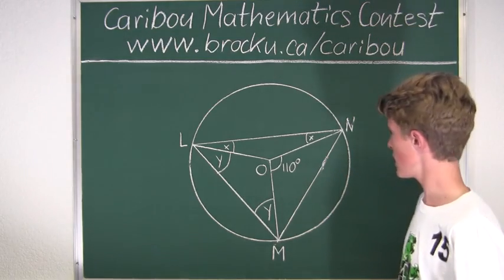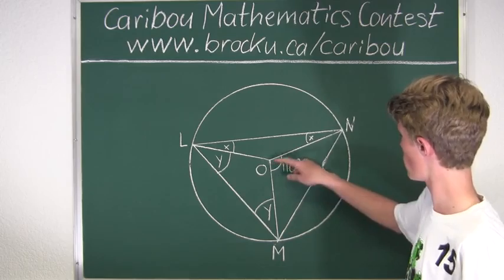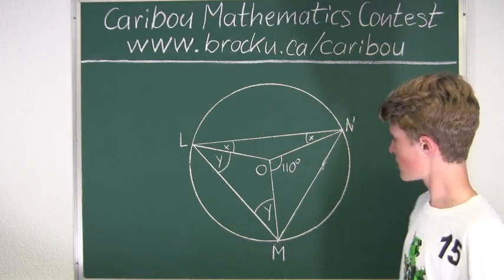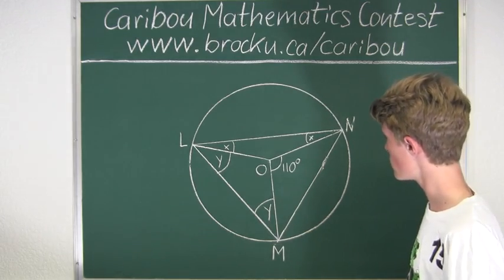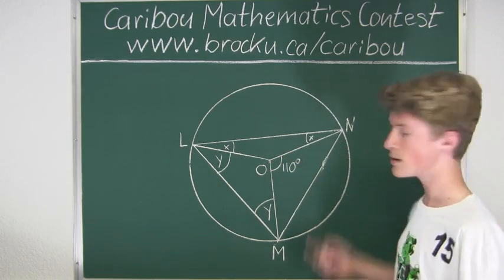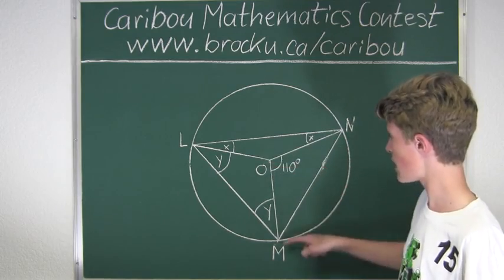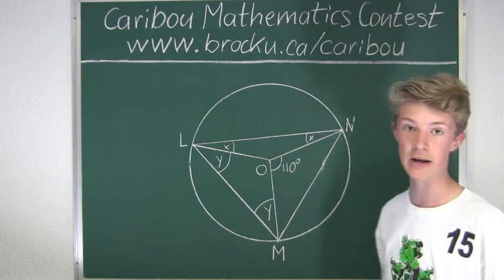So now let's look at triangle MON. We know that this must also be an isosceles triangle because from O to N is the same length as O to M because they are both the radius.